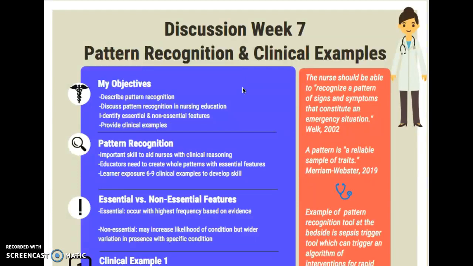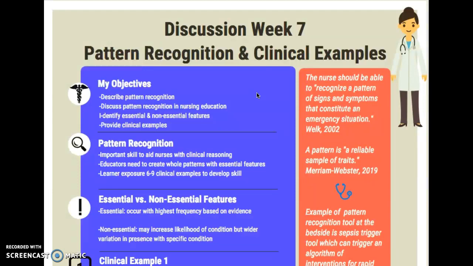The other part that I thought was interesting was the repeated exposure to varying clinical examples that include the same pattern or a typical pattern of characteristics related to a medical condition or healthcare emergencies. So in the article, they are focused on recognizing a myocardial infarction.